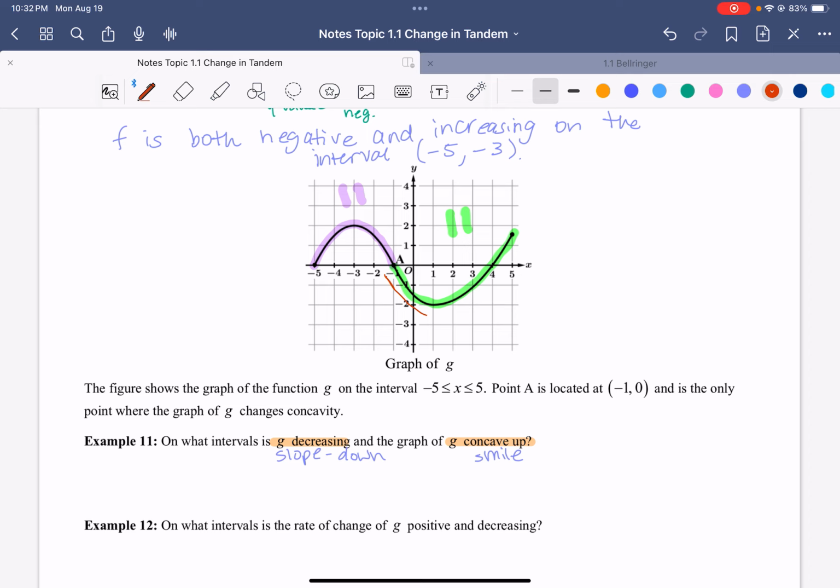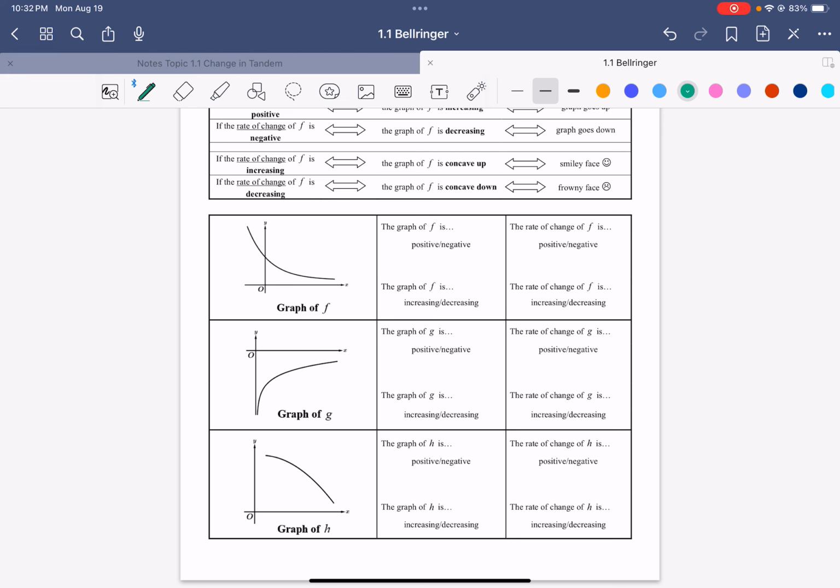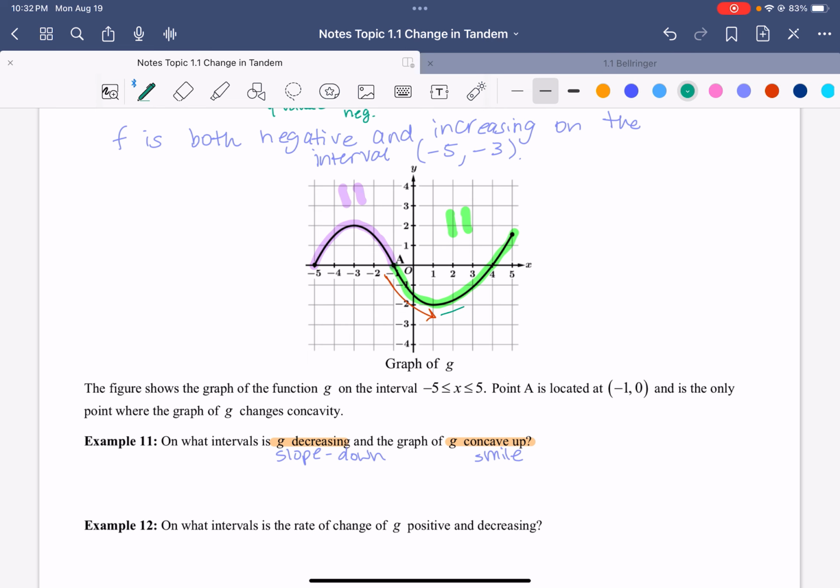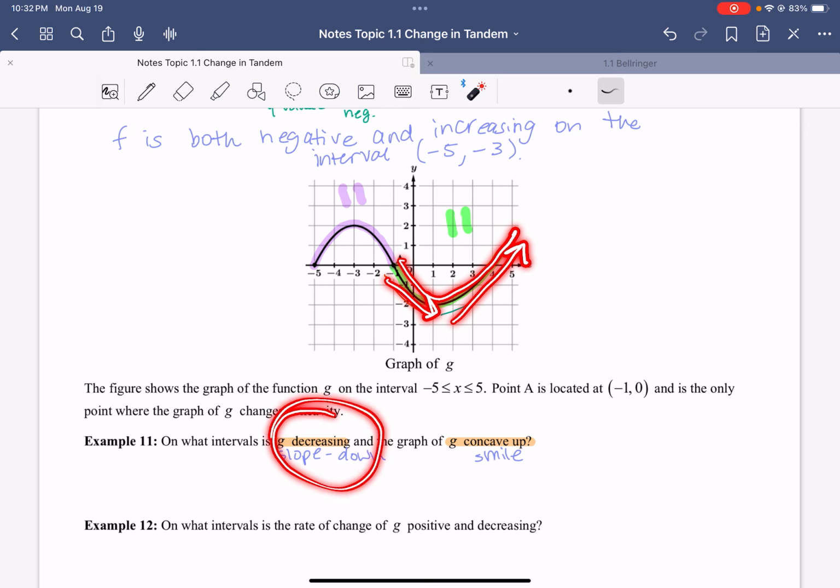I'm going down till about right there. And then I change directions and now I am going up. So within the smile, I have half of it going down, half of it going up. But I only am interested in the part that's going down. So that could be from point A to about x equals 1.